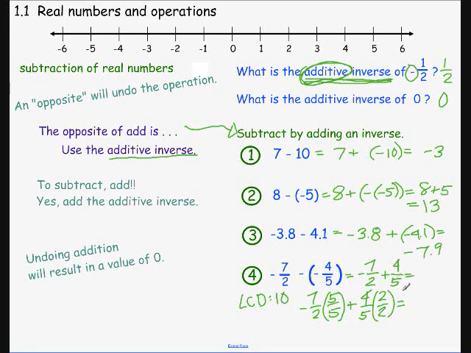I will end up with a negative 35 plus 8 all over 10. I should think now, what will that be? I'll find the difference between the two of these, which is 27 tenths. And the sign will be the sign of the larger. So there's my answer.